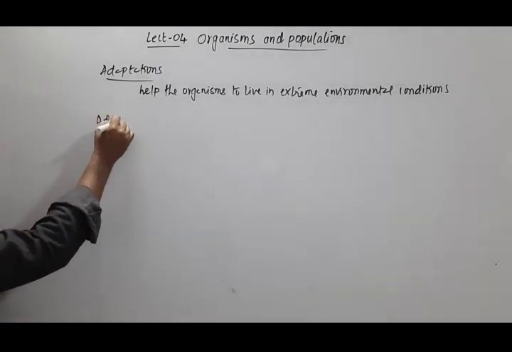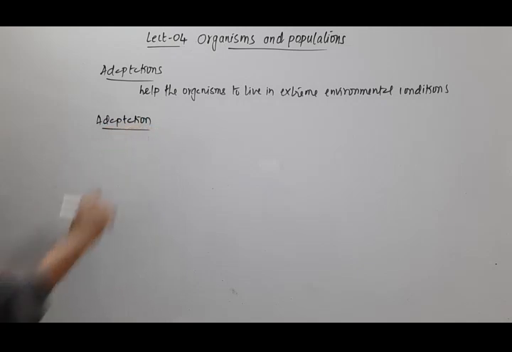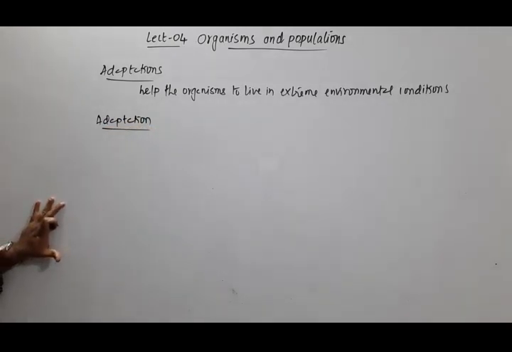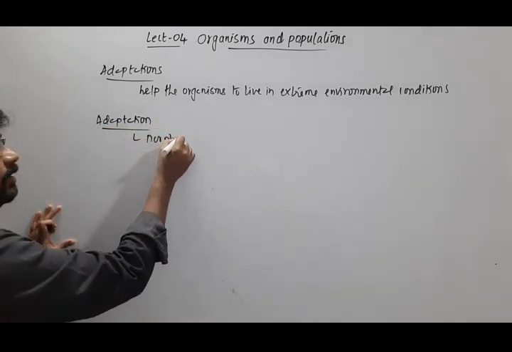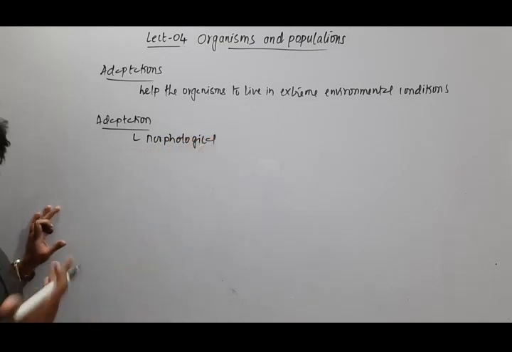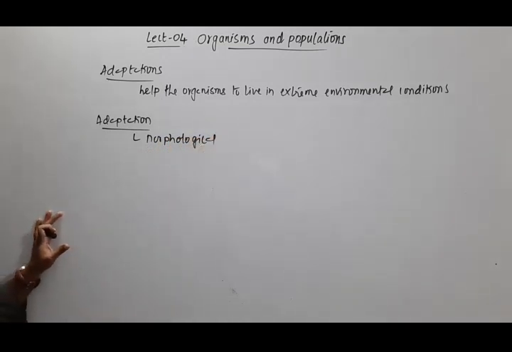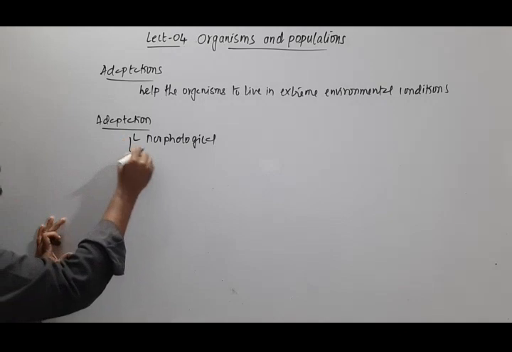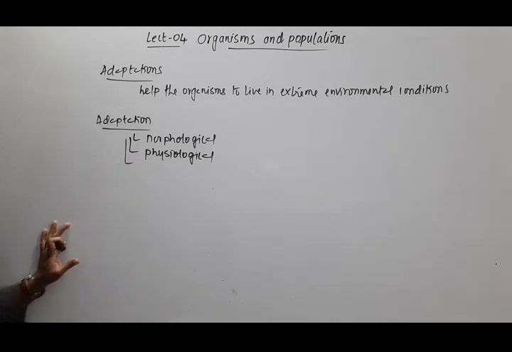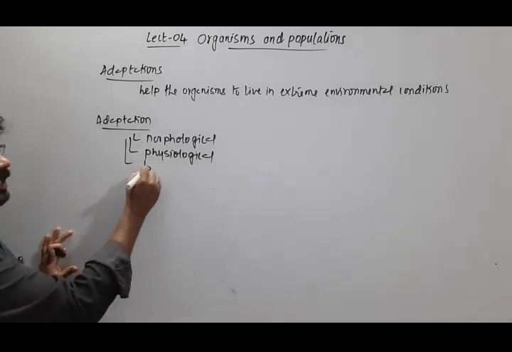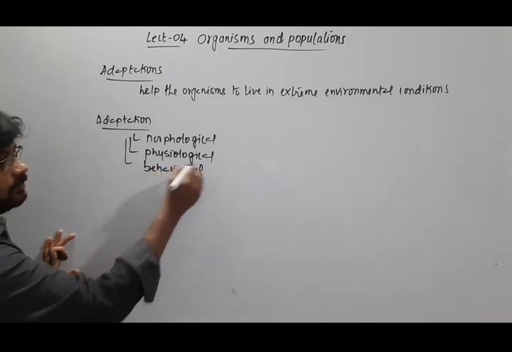Now let's see what actually is this adaptation. So this adaptation can be morphological, means there is a change in the body, internal, external, whatever. So that's a morphological change, okay. And the adaptation can be physiological, so changes in the physiology of the body, and then it can be even behavioral change.